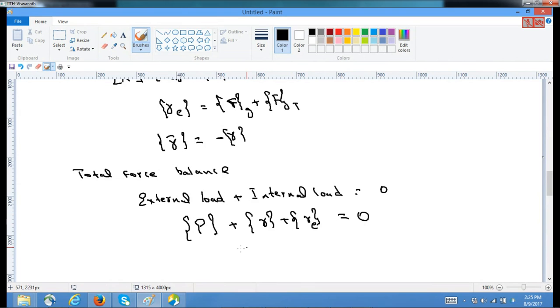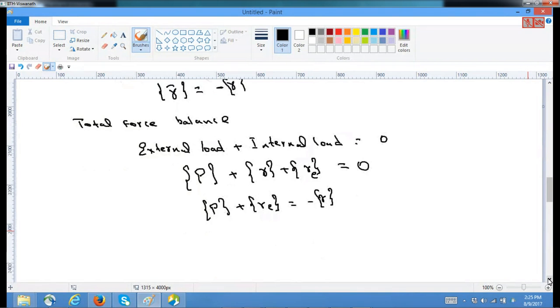So P plus Re is equal to minus R, which is nothing but our R bar.